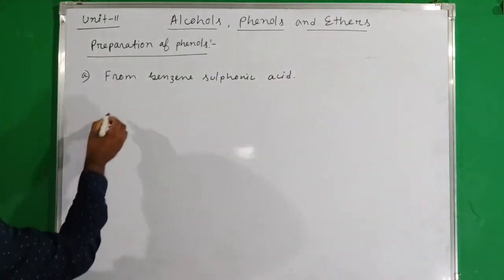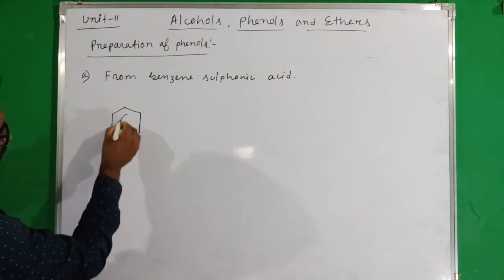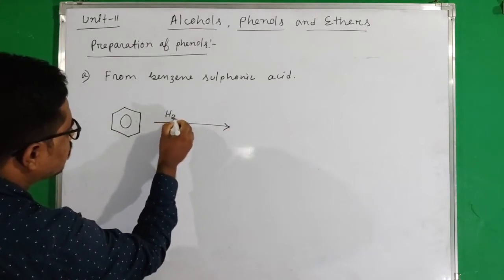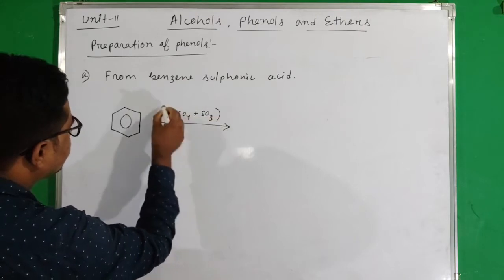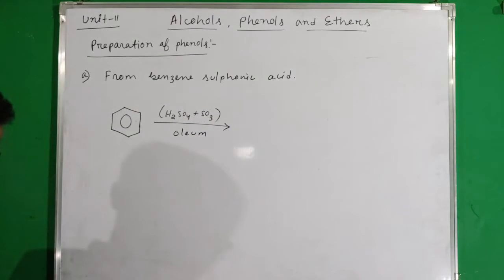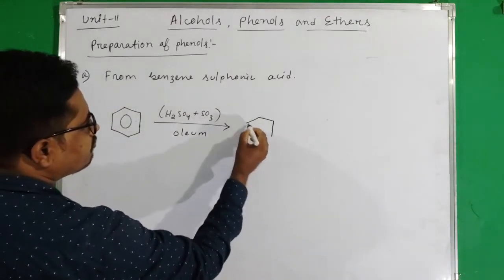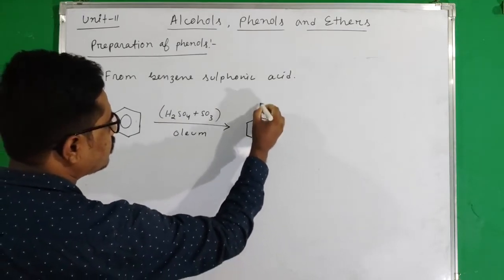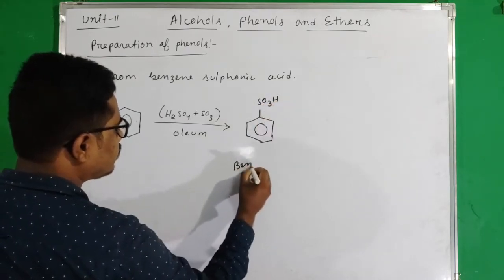So in this reaction, first benzene is treated with oleum, that means a mixture of sulfuric acid and sulfur trioxide is known as oleum. Okay, so when benzene is treated with oleum, then benzene sulfonic acid is formed. This one is benzene sulfonic acid.